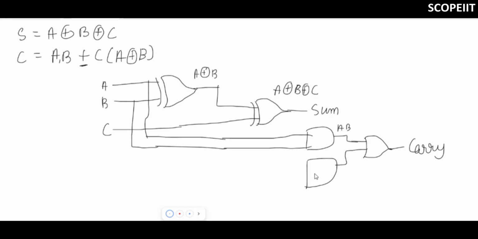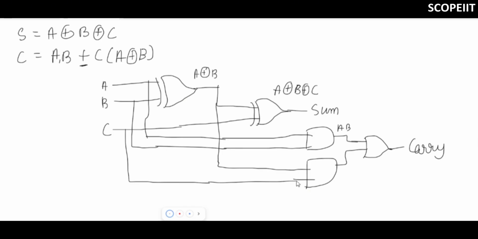Then next in this AND gate, what do I need? One I need A XOR B. That's why I wrote it here separately, right? So I'll take this A XOR B here. What else do you need? You need one C, right? So I'll take a line from C also.